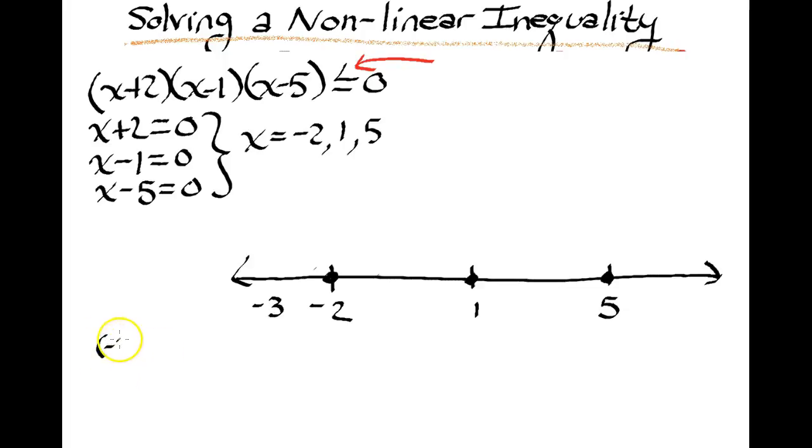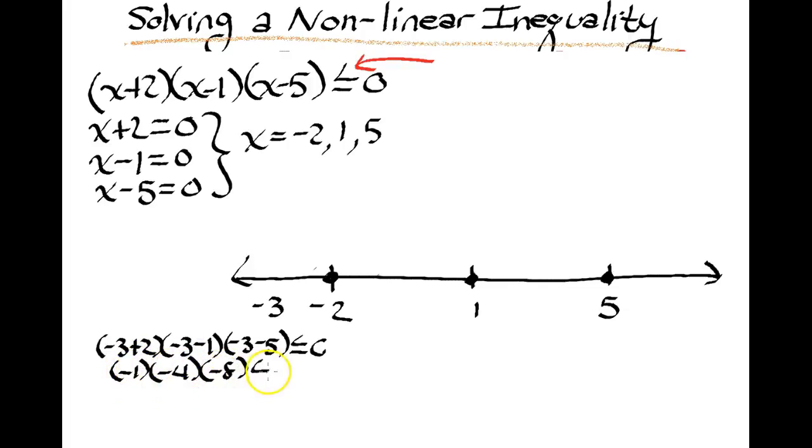So I get -3 plus 2 times -3 minus 1 times -3 minus 5 is less than or equal to 0. Here I get a -1, here I get a -4, and then a -8. So let's see, I have negative times a negative, that gives me a +4. And then 4 times -8 is a -32.